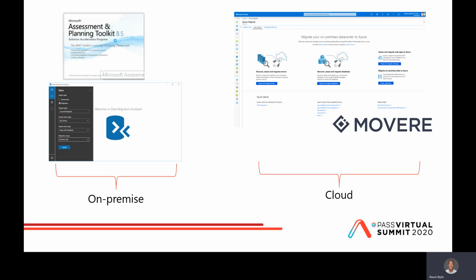When we talk about on-premise solutions, and getting the answers to the questions what do we have and how is it being used, I would recommend using the Microsoft MAP Toolkit, freely downloadable from the Microsoft homepage. It can give you a complete inventory of all your SQL installations down to the database level.